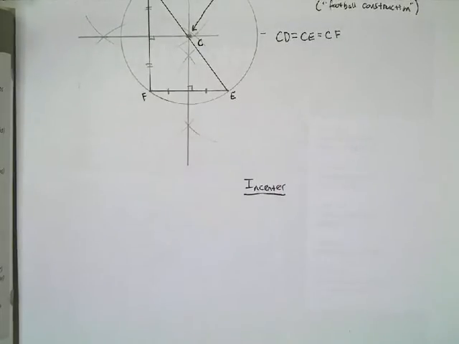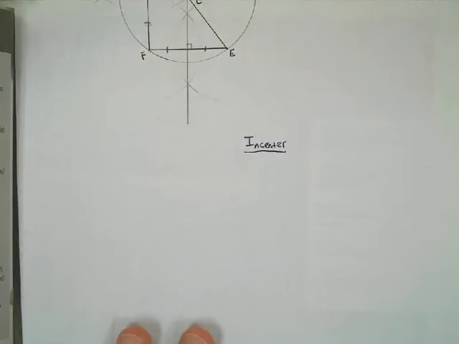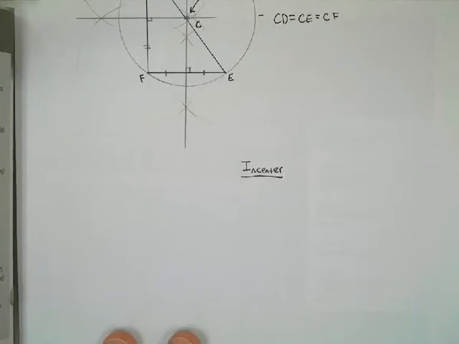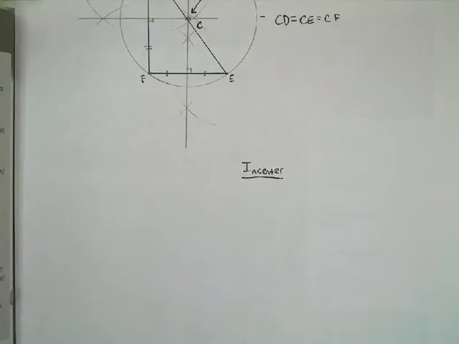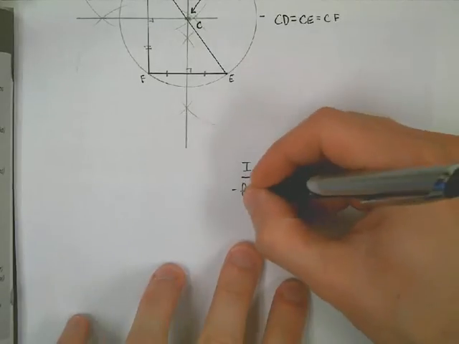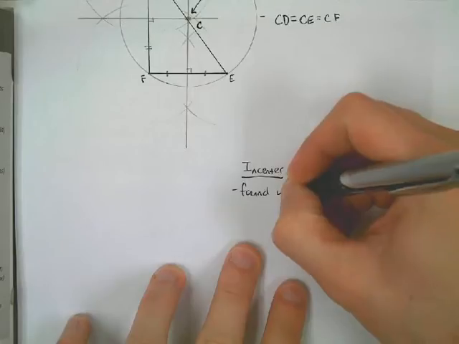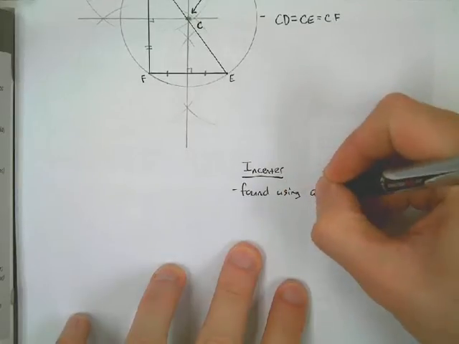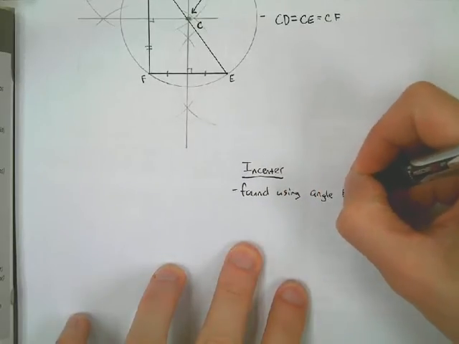Now, the circumcenter resulted in a circle that went around the outside of the triangle. The incenter is going to result in a circle that does what? Fits inside the triangle. So this is found using the angle bisectors. What's an angle bisector?